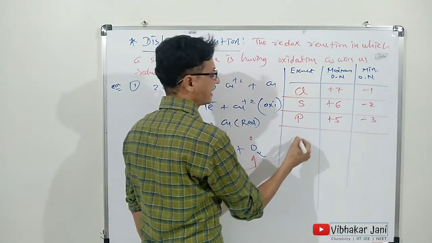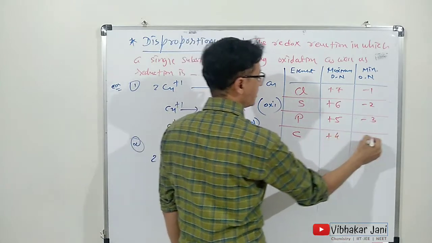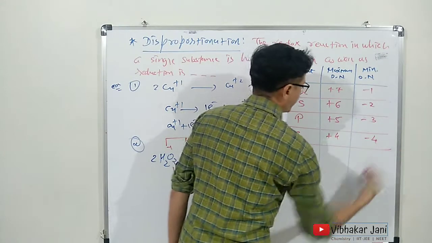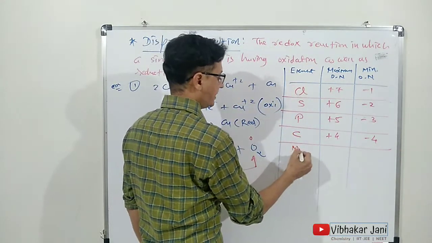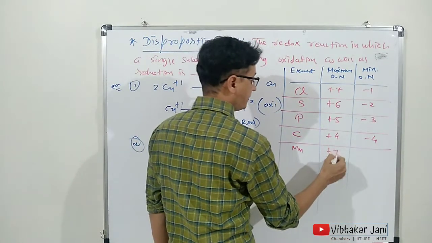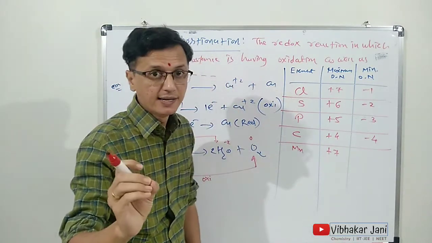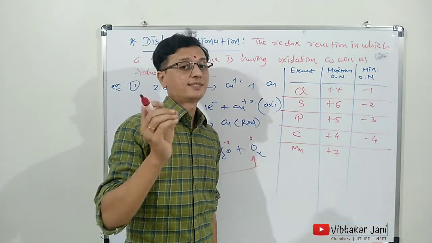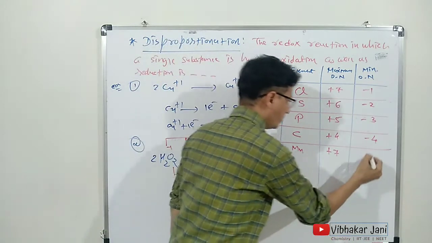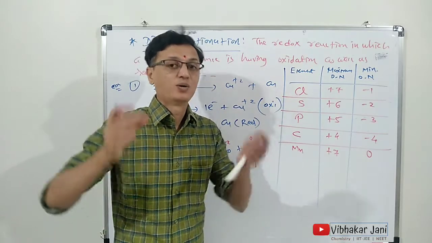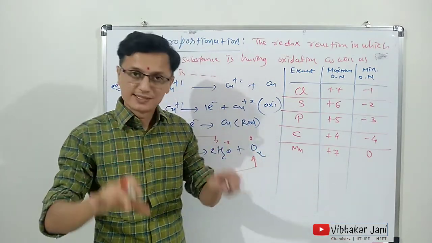Now, carbon will have maximum +4, minimum -4. If I say manganese, then it will have maximum +7, and as it is a metal, the minimum oxidation state of a metal is always 0, because a metal cannot have negative oxidation states.